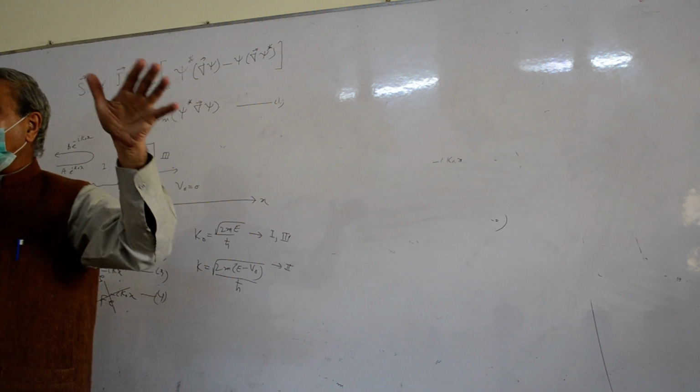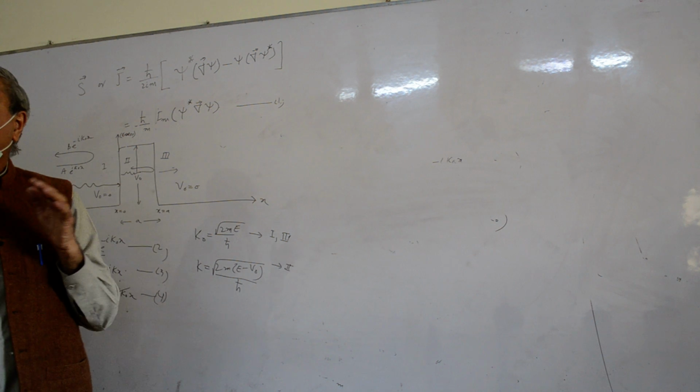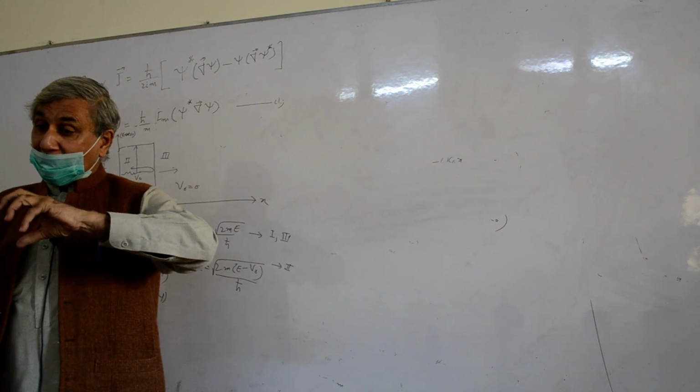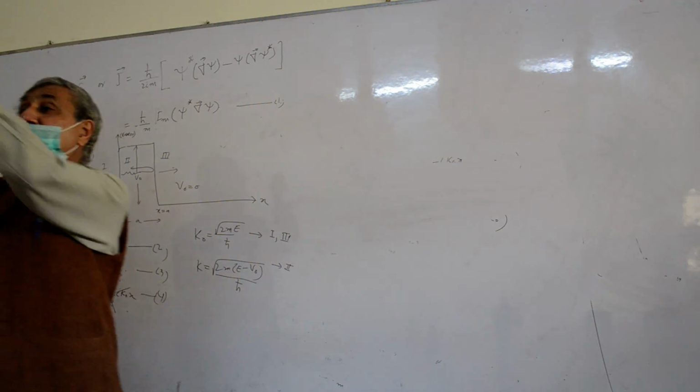But this emission is there. Okay? So this is known as the tunneling effect: the alpha particle tunnels through the nuclear barrier and comes out.